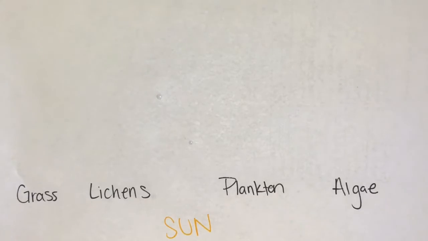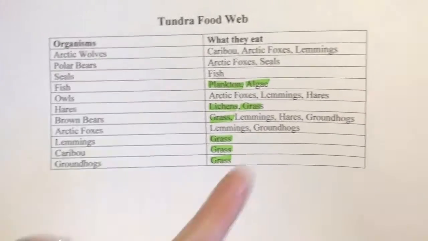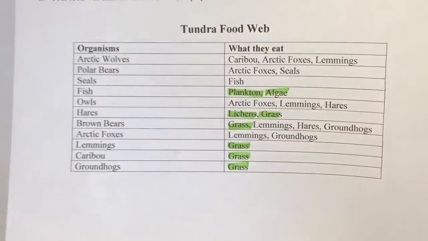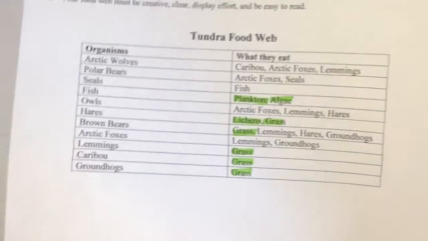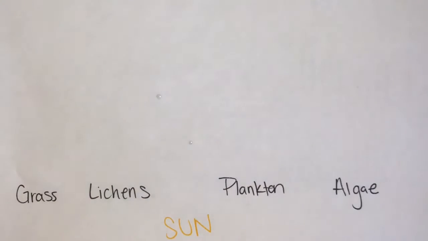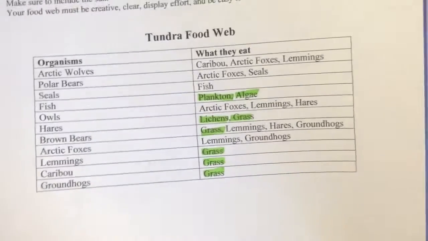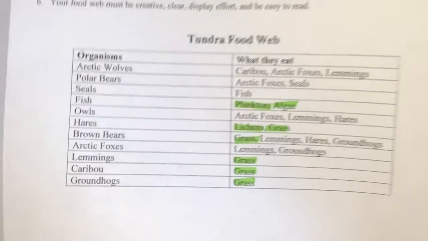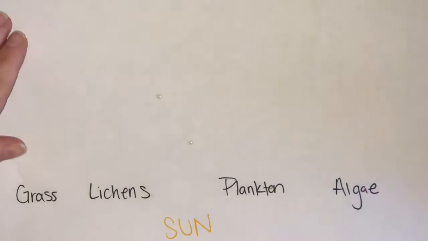Next, I'm going to draw or write in no particular order all of my consumers, okay? Since I haven't drawn the food web yet, there's no way for me to know where I should put any of these, so I'm just going to draw them in no particular order.